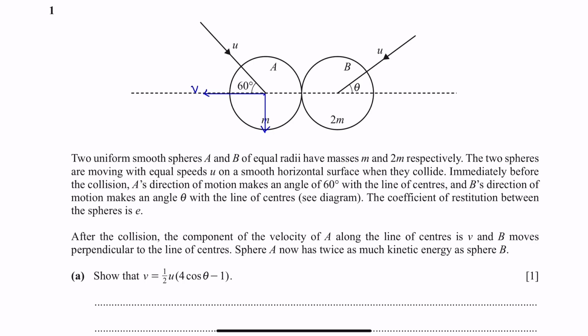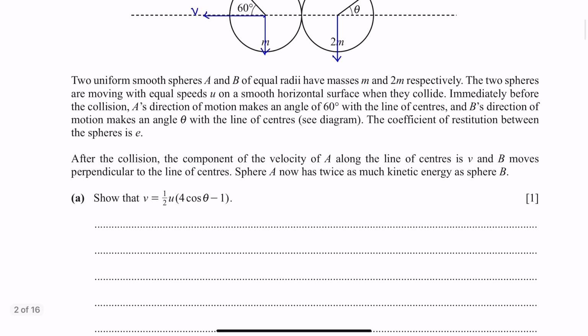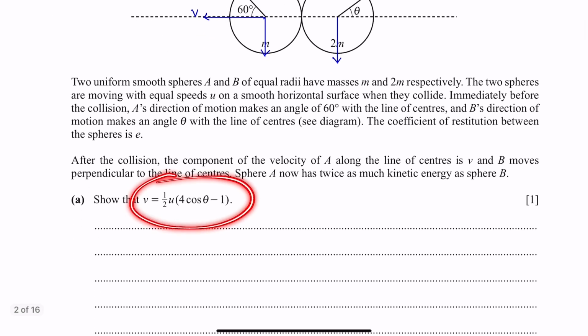And B moves perpendicular to the line of centers. That means this will be the final velocity of B. So sphere A now has twice as much kinetic energy as sphere B. Okay. So for part A, we need to show that this equation is valid.